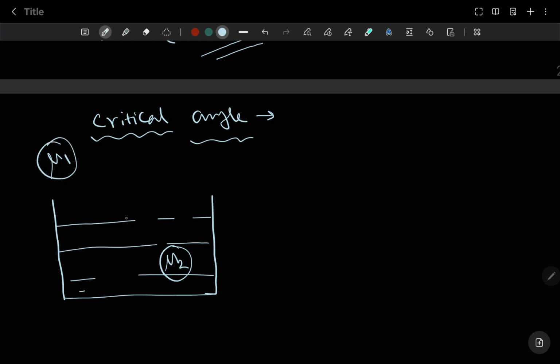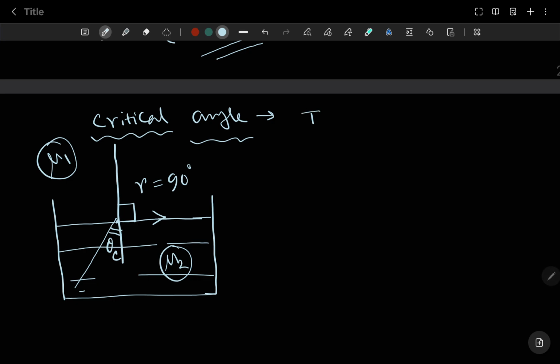Okay, so the light ray falling on the interface at a certain angle theta c, for which the refracted ray is grazing through the interface. That means the angle of refraction is 90 degrees. Okay, so this angle is known as the critical angle.